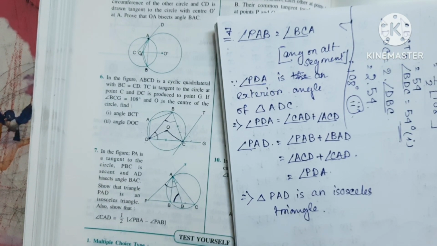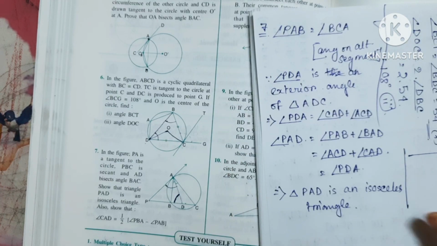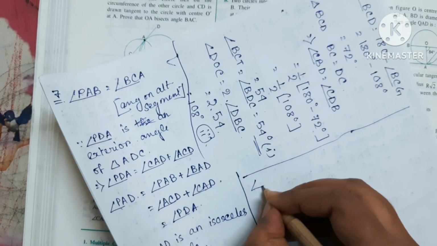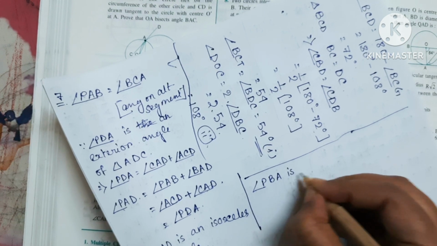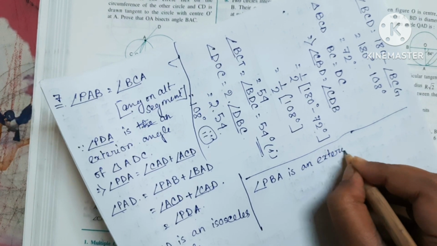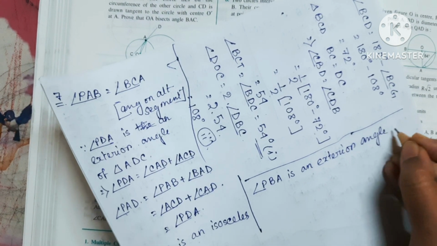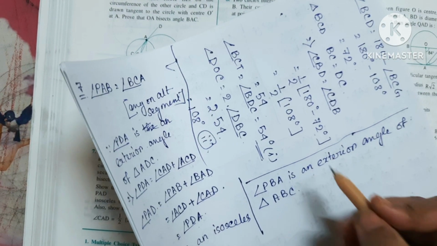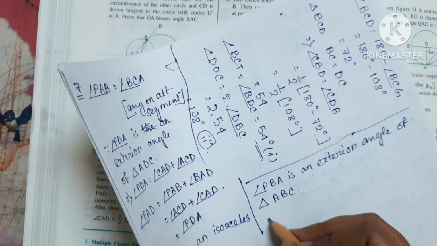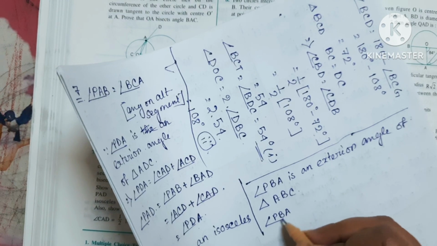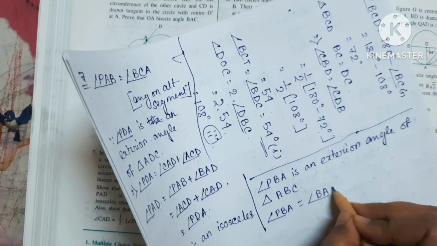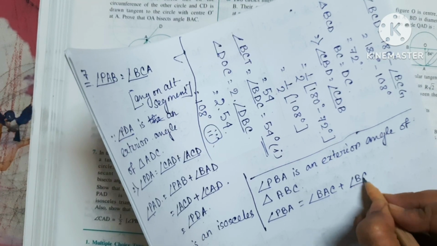Now there is another part, you have to show CAD. Angle PBA is an exterior angle of triangle ABC. So PBA is equal to angle BAC plus angle BCA.